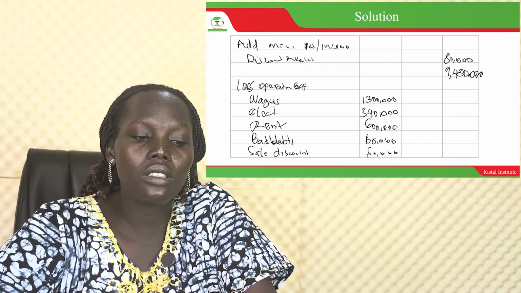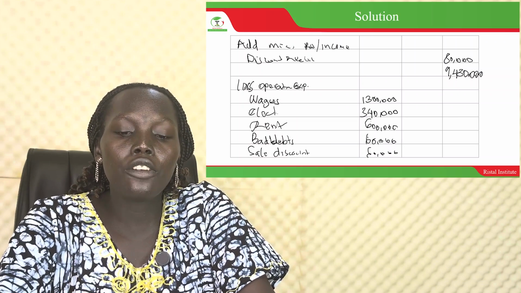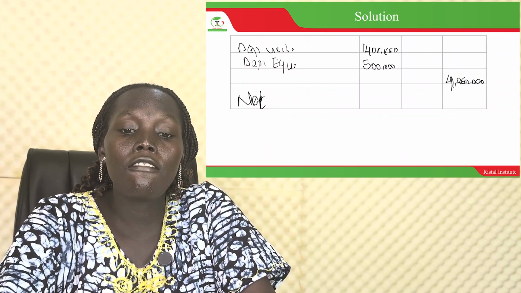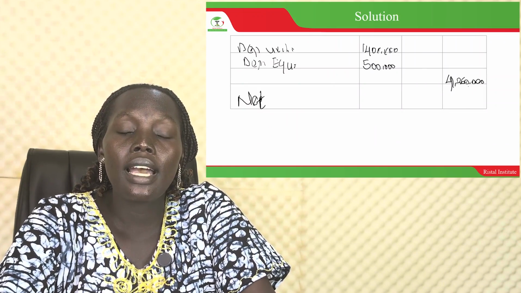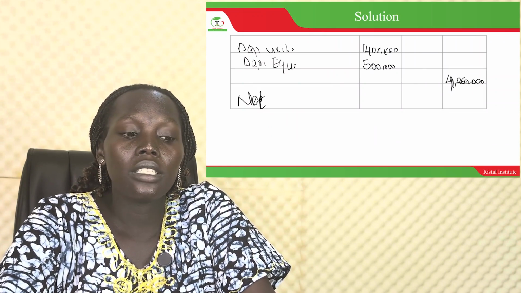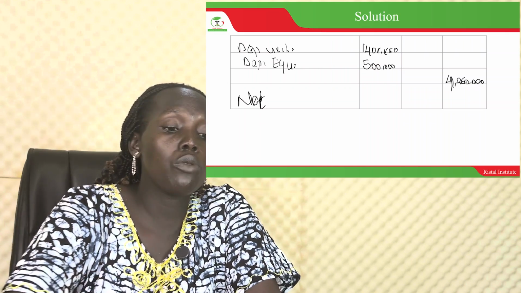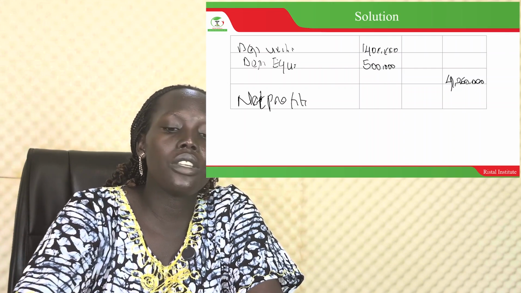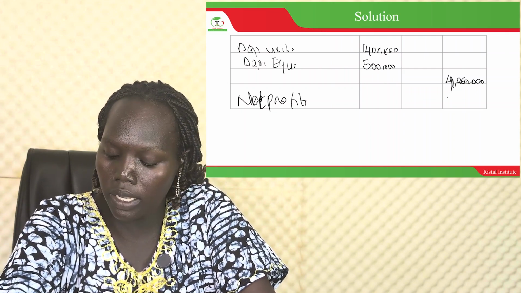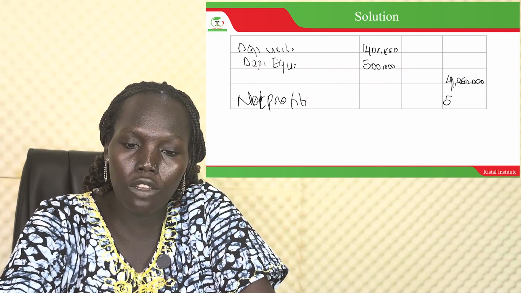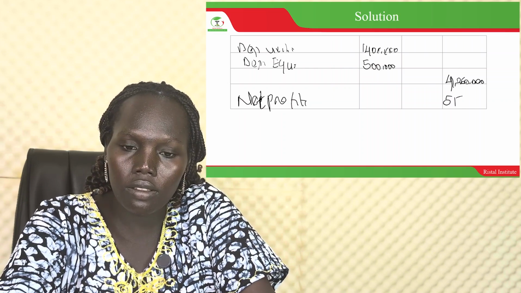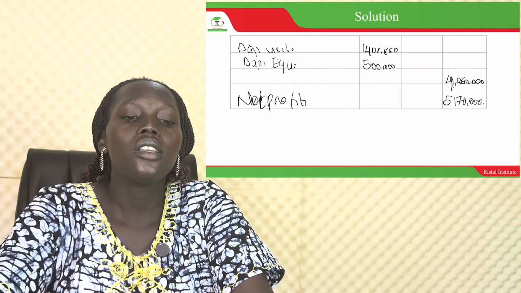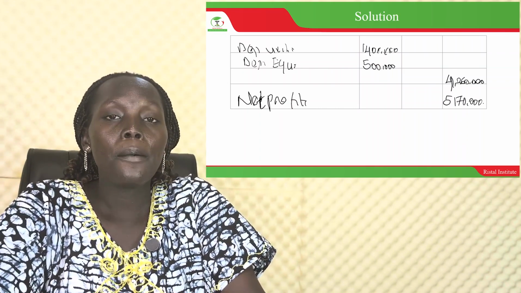We get 9,430,000 minus 4,260,000. So our answer is going to be positive. So we call it net profit. And then we will get the answer of 5,170,000. So that is our net profit.